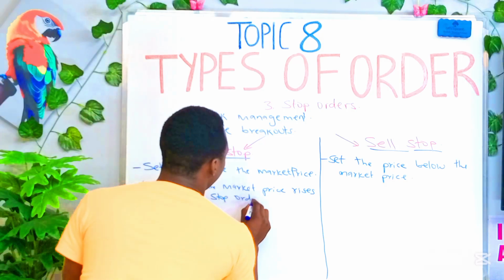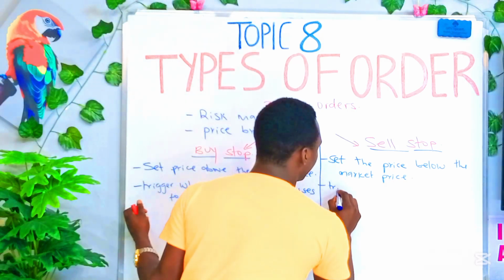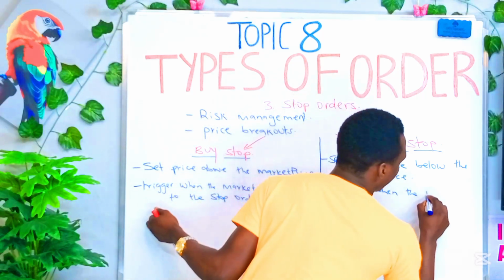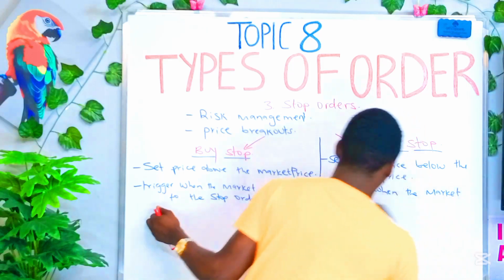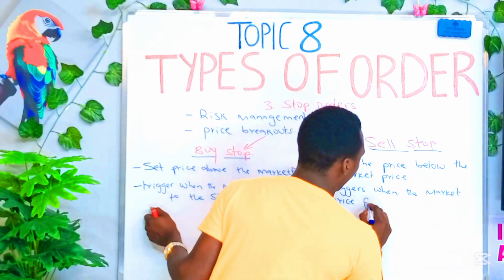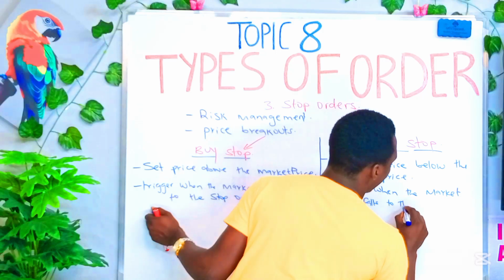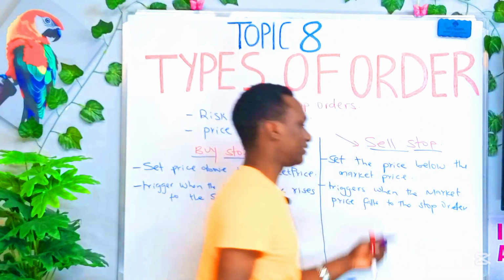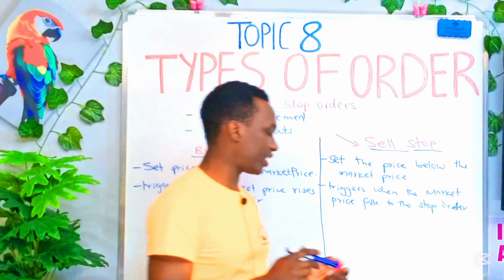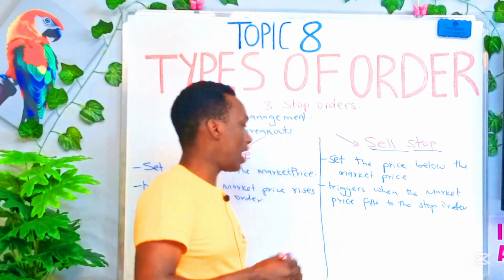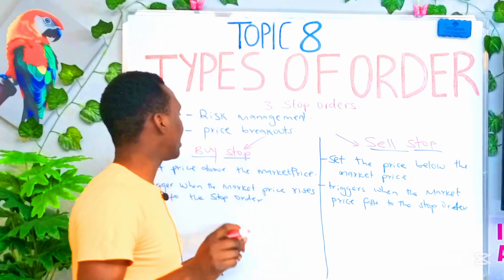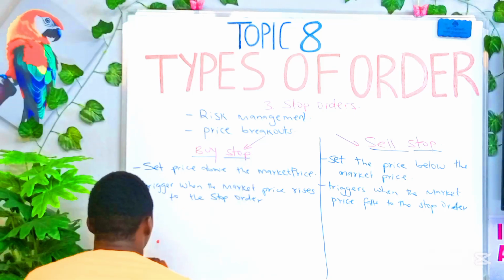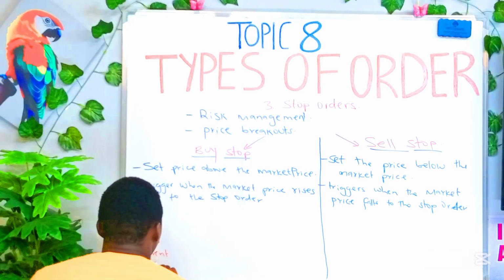The inverse is true for a sell stop: it only triggers when the market price falls to the stop order. Okay, good. Is that clear? Yes. I'm going to illustrate with a diagram what happens on a buy stop. Let us say that our current price is there.